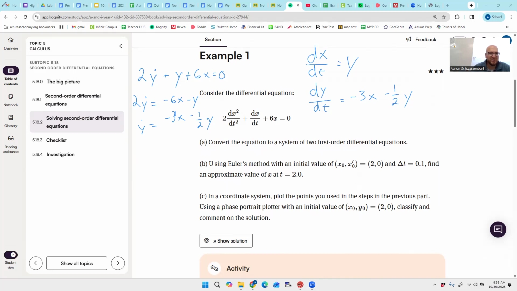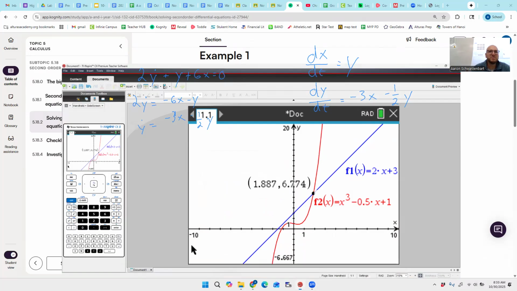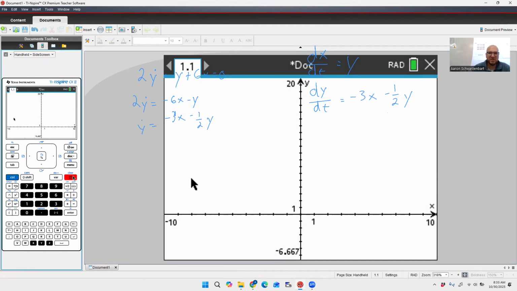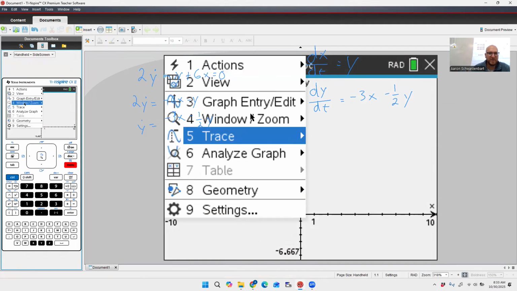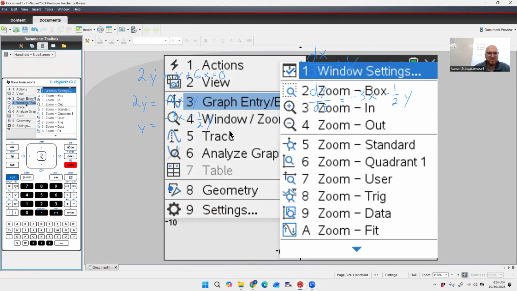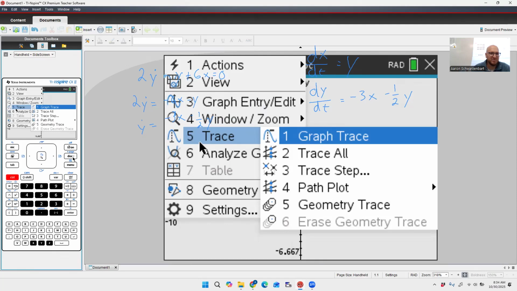So now let's grab our calculator. We'll probably need this later, so menu. Actually, no, I need to add some pages.